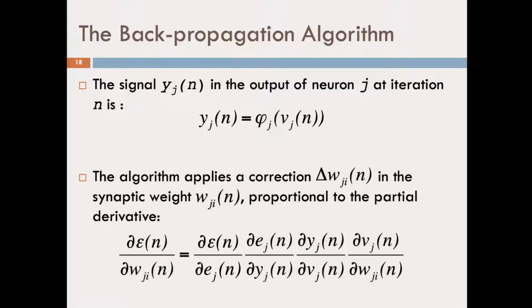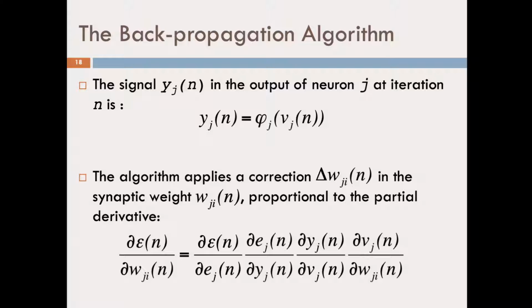So we are going to get a signal, that's the output of the neuron. The output of the neuron will be the result of applying a nonlinear activation function to the linear combination of the neuron, and then we are going to perform a correction in the weights.